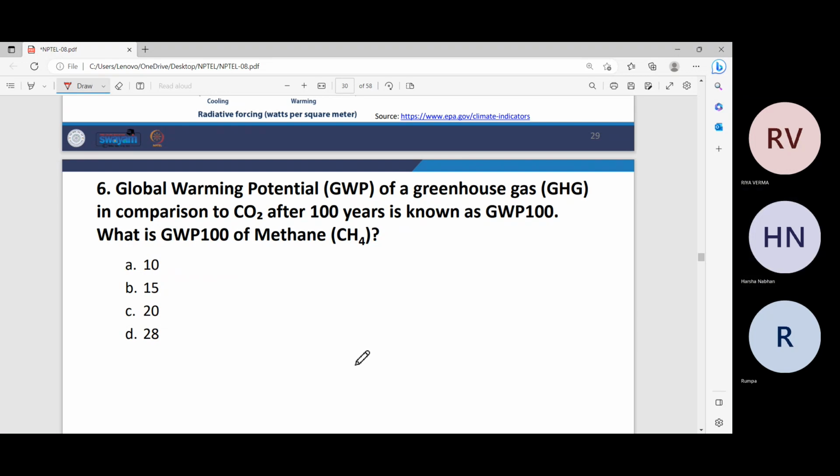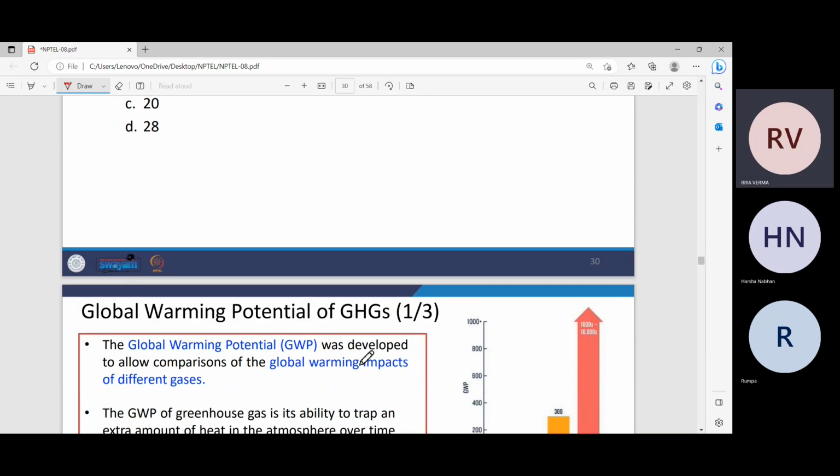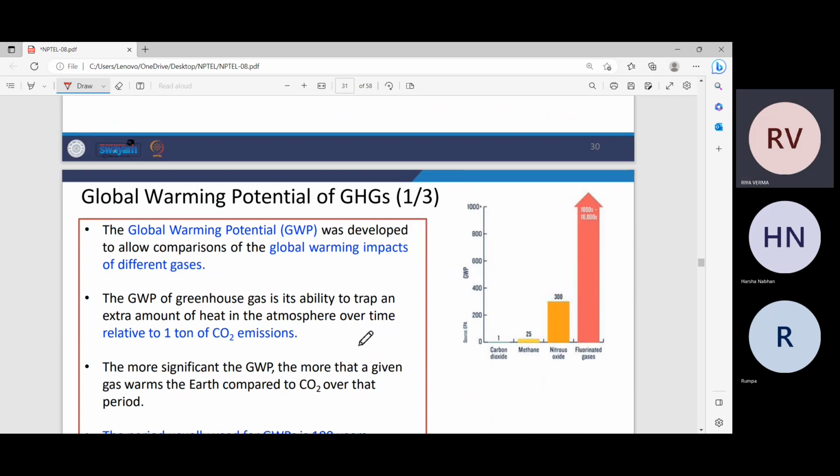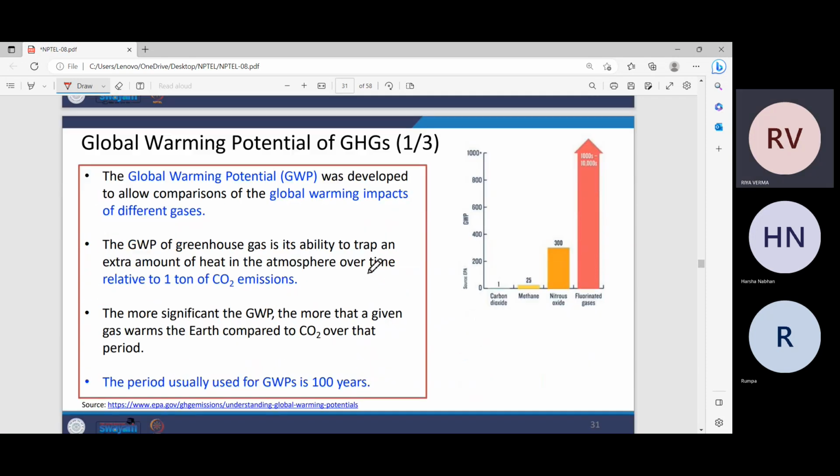Okay, let's see. So, basically, what is global warming potential? It was developed to allow the comparison of the global warming impacts of different gases. The global warming potential of a greenhouse gas is its ability to trap an extra amount of heat, relative to 1 ton of CO2 emissions.